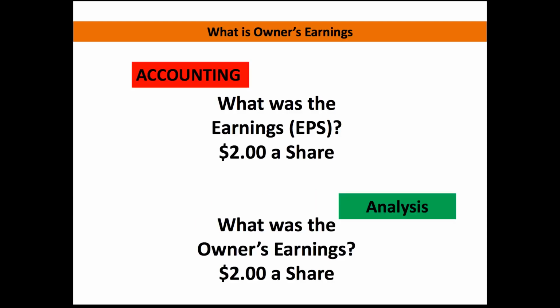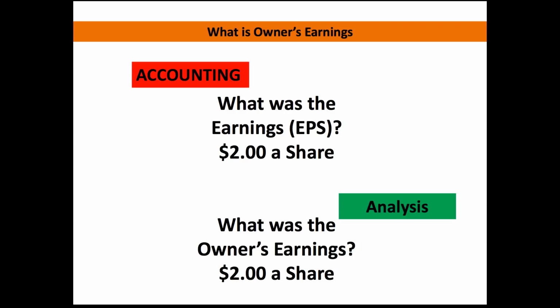Okay, so for that scenario, when we're talking about the accounting, we're talking about the earnings per share, that number that's reported at the bottom of the income statement, which is $2. Whenever we talk about owner's earnings, in that scenario, through analysis, we saw that the owner's earnings was also $2.